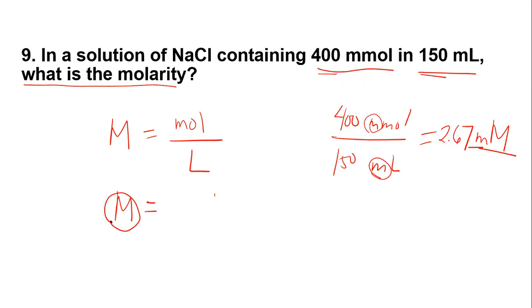Okay? So, kung 2.67 millimolars ang ating molarity sa problem number 9, para makuha yung molar na unit, not the millimolar anymore, convert mo 400 millimoles into moles. Ilan yan siya? So 400 divided by 1,000 and you get 0.4 moles.